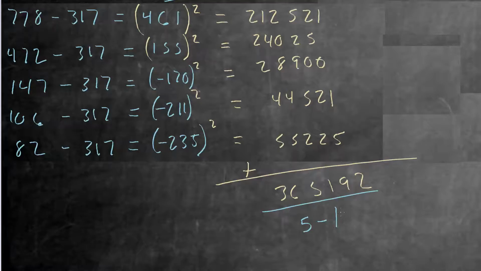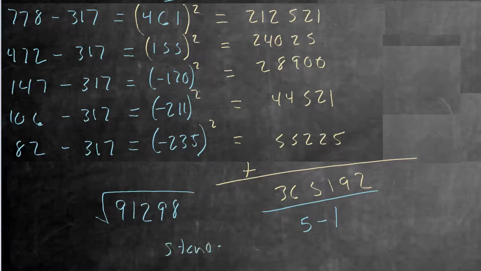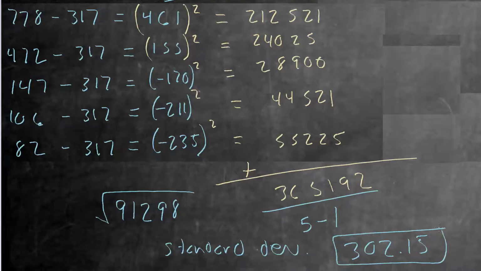So divided by 4, and that gets us 91,298. We take the square root of that number, and our standard deviation is 302.15, which is kind of a high standard deviation for 5 data points.